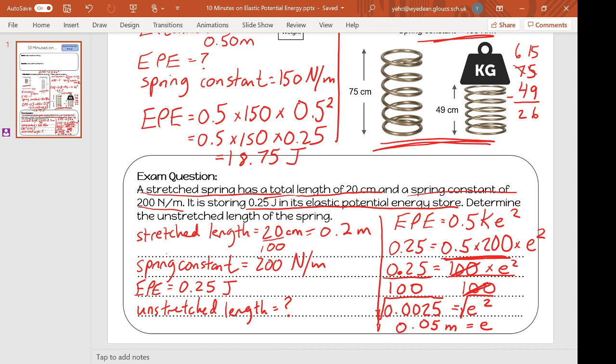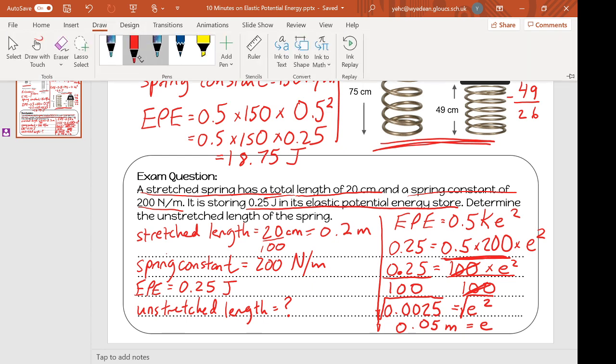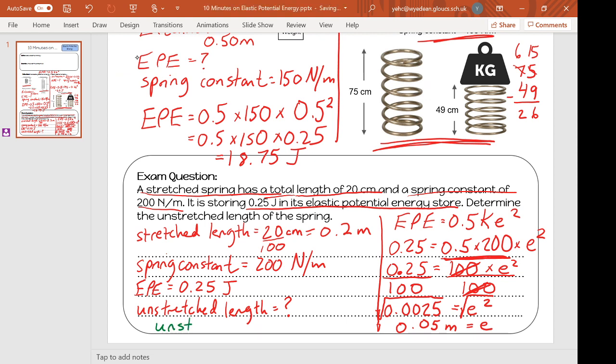So I know that my spring stretched by 0.05 meters. I know that it's stretched to become 0.2 meters. Let me change the color here a bit. So the original unstretched length stretched by 0.05 and made 0.2.